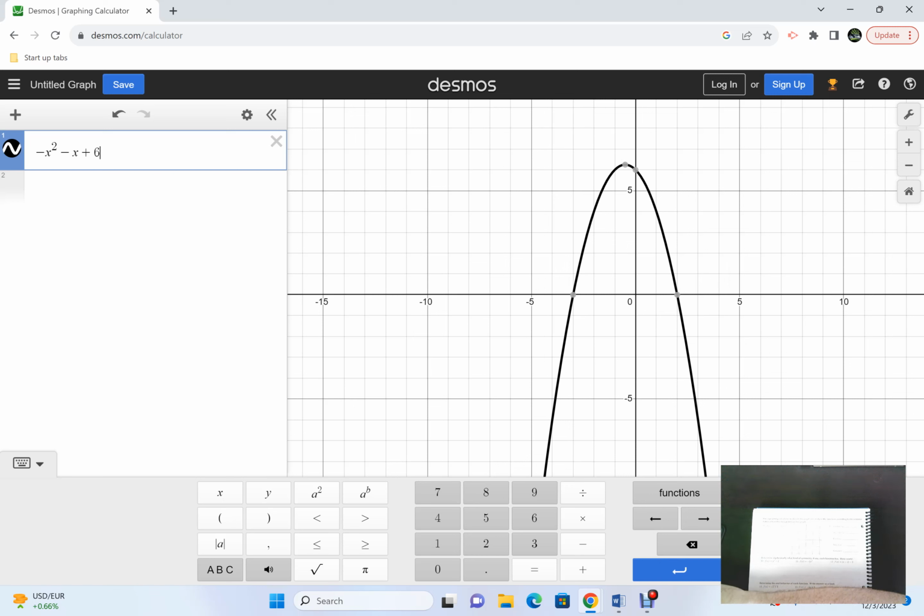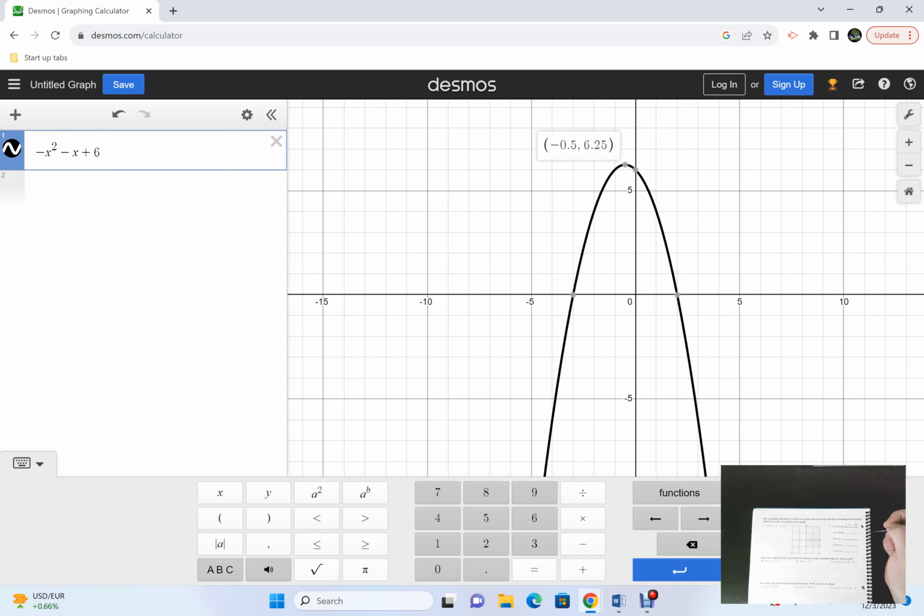So it's increasing from negative infinity to negative 0.5. Now, it isn't actually increasing exactly at negative 0.5 because it stops and turns directions, so we would put a parenthesis there.